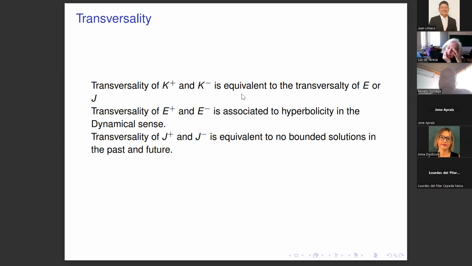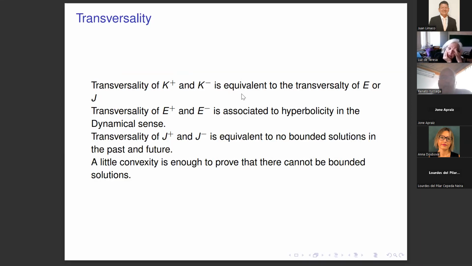And it turns out that a little convexity is enough to prove that there cannot be bounded solutions. So this little convexity will prove that J plus and J minus cannot intersect, and so they are transversal, and so that means that K plus and K minus are transversal.